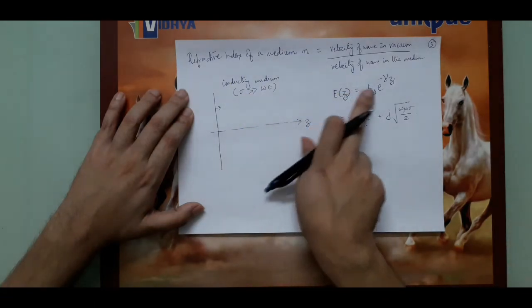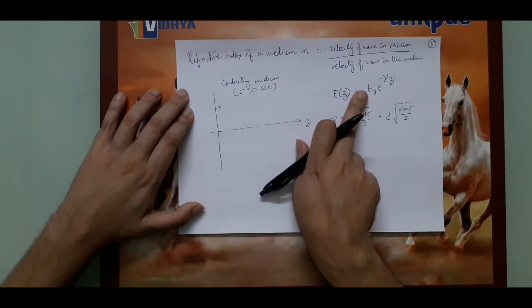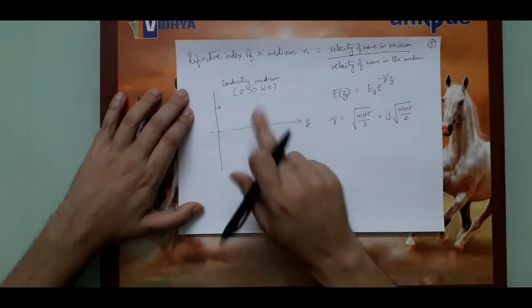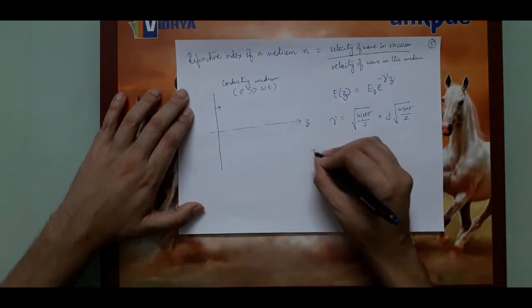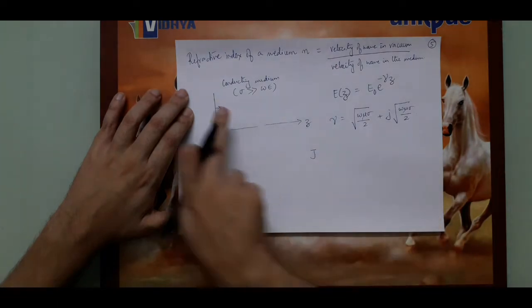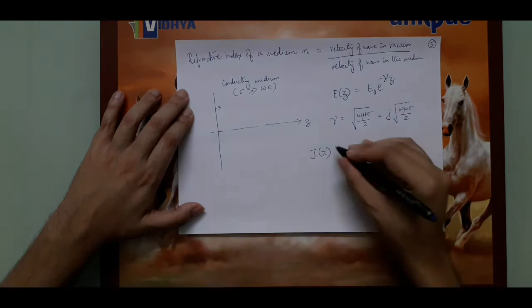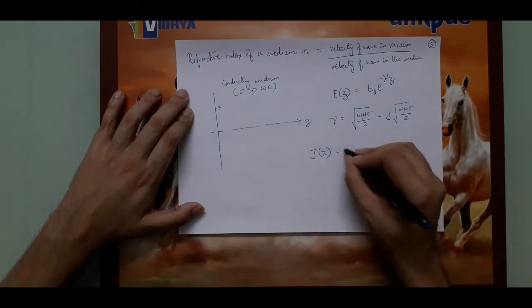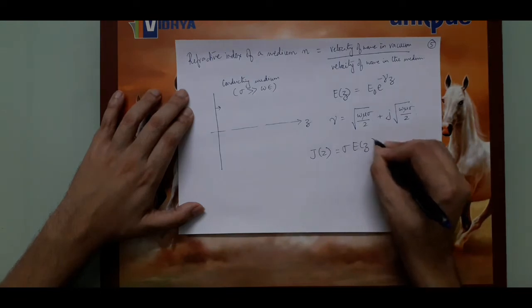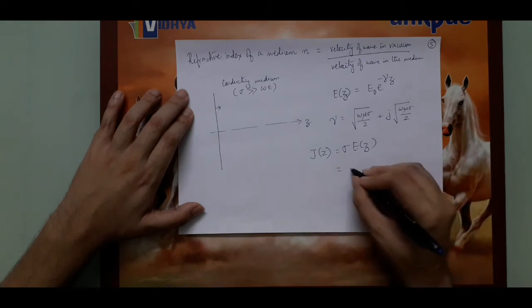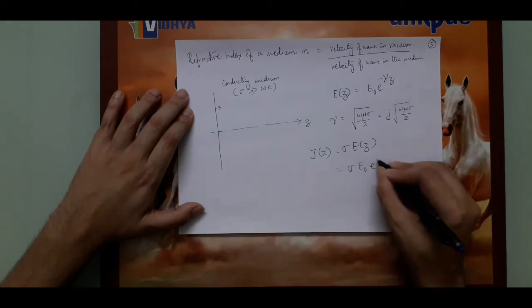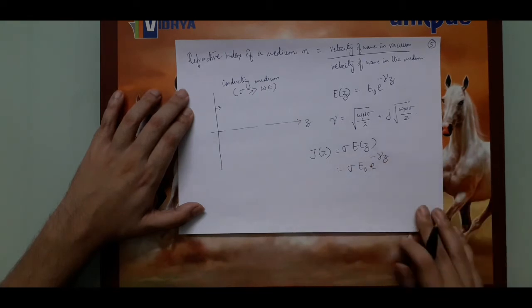The moment you have some electric field E, there will be some current density, let us say J, and because the electric field is moving this way, even the J will be a function of z, and that is nothing but sigma times E of z. So that becomes sigma E0 e raised to minus gamma z.